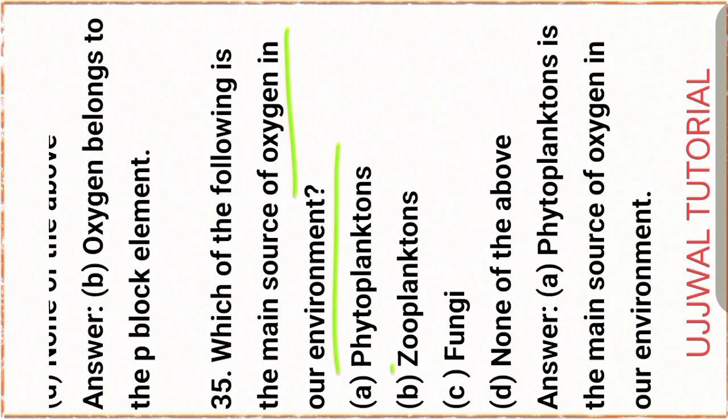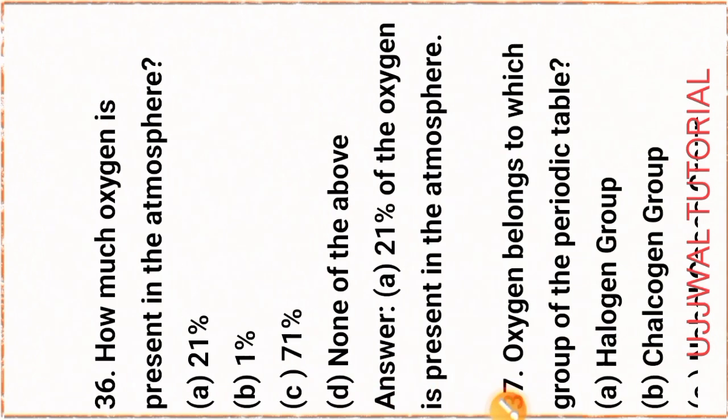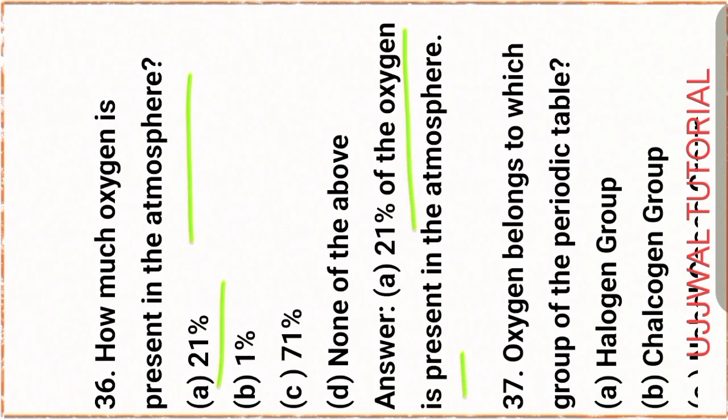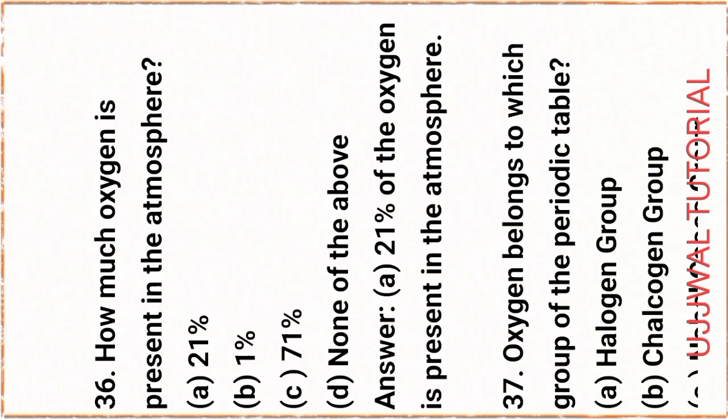Option A, phytoplankton. Phytoplankton is the main source of oxygen in our environment. Next question, number 36. How much oxygen is present in the atmosphere? Option A, 21%. 21% of the atmosphere is oxygen.